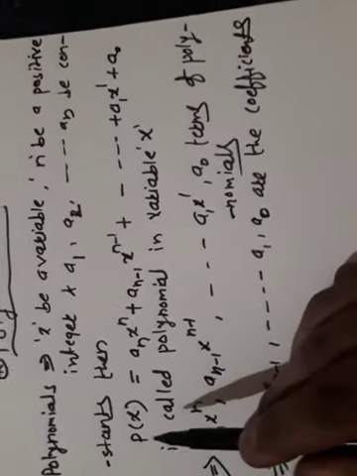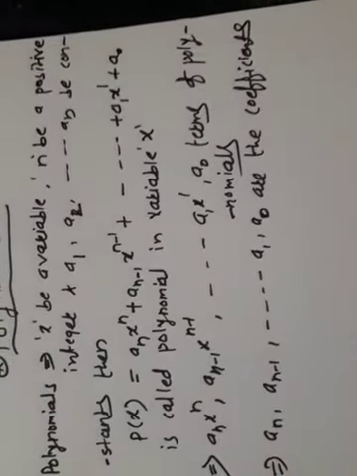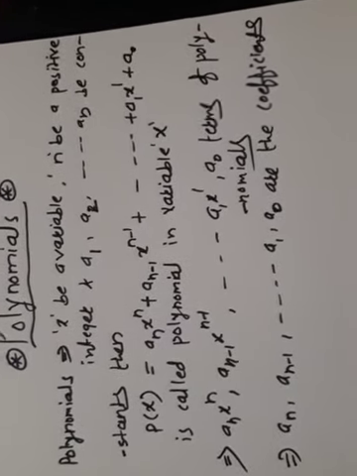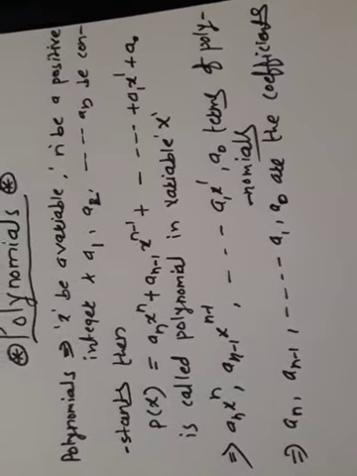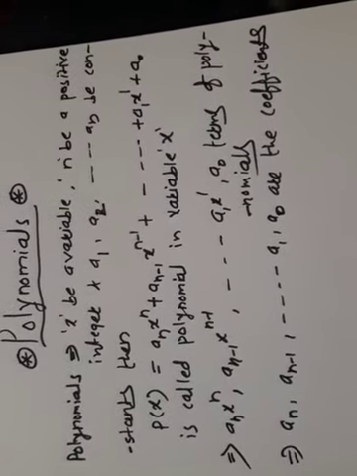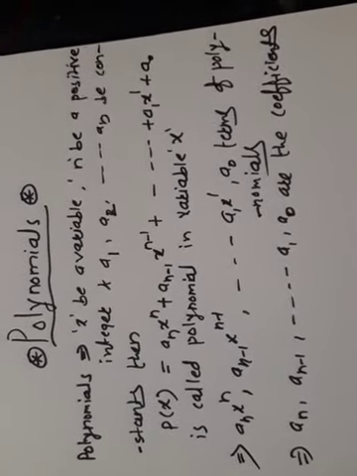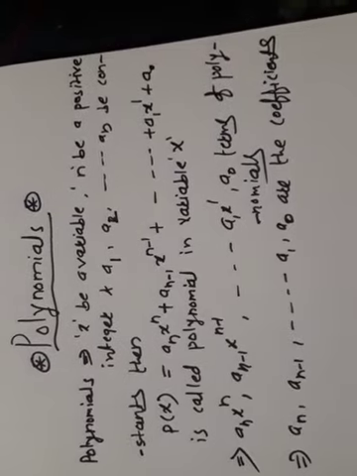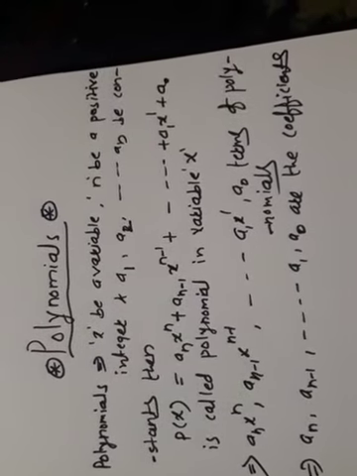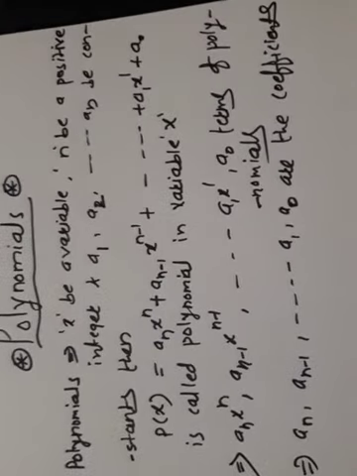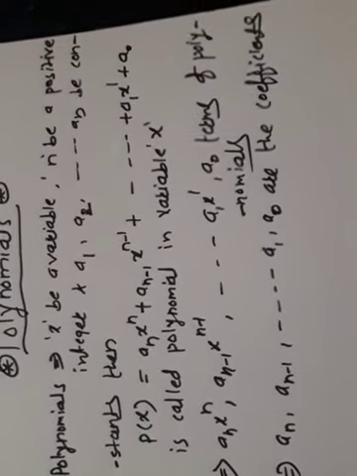Then p of x, why have I written x here? Because I have taken variable x. Then p of x, meaning polynomial in x, is represented as an x raised to n plus an minus 1 x raised to n minus 1 plus and so on, plus a1 x raised to 1 plus a0, and it is called a polynomial in variable x.